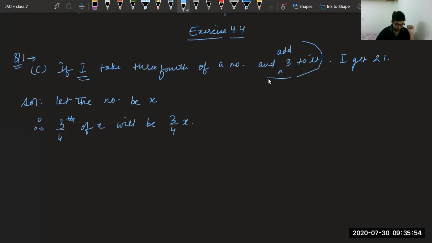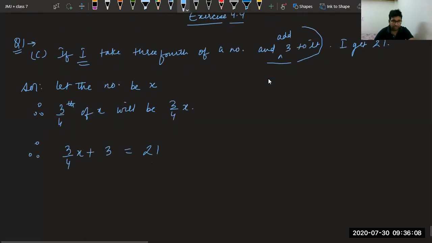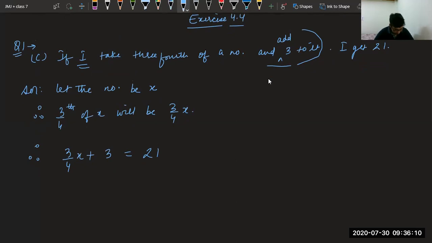Now we are adding 3 to it. Therefore the equation will be 3 by 4 x plus 3 is equal to 21. I hope it is clear to everyone. Yes, it is correct, Rishi. If you have taken m, then also it is correct.